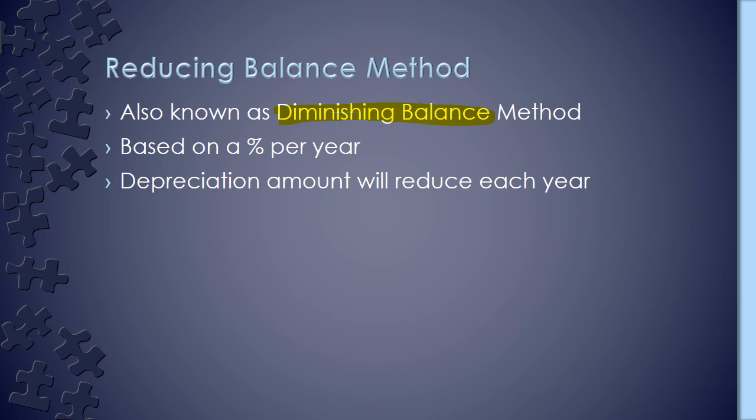And the reason for that is that the depreciation is calculated on the carrying amount of the asset. So you have your asset cost. You have a percentage each year. We'll go through an example on the next slide, but you have a cost each year, so you have that as your depreciation.